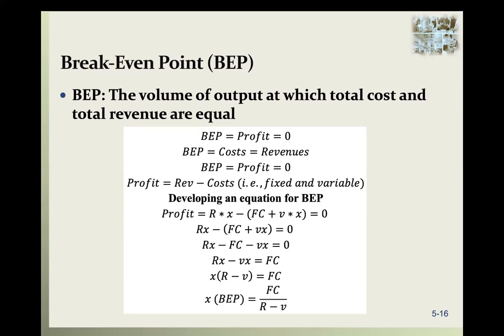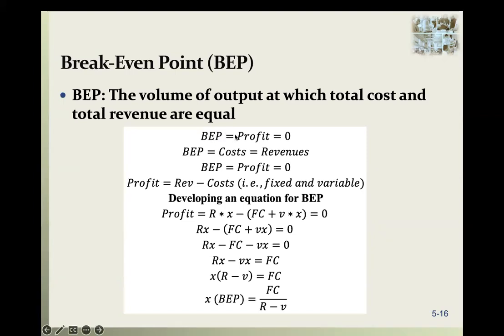But as there are more and more customers, they bring more revenue, and a time would come when revenues from customers and total cost become equal. At that point, when your cost and revenues become equal, your profit is zero, and that point is called the break-even point.